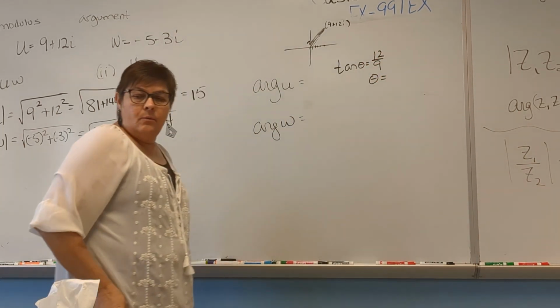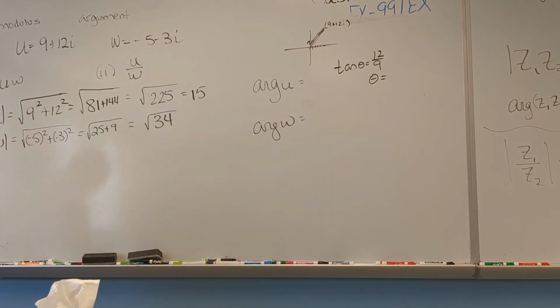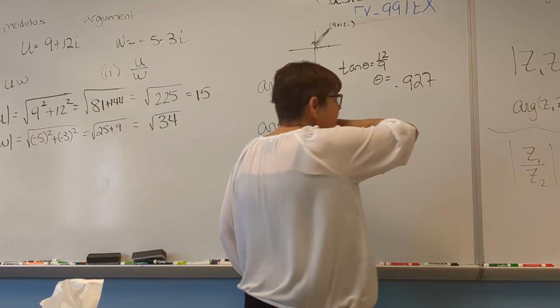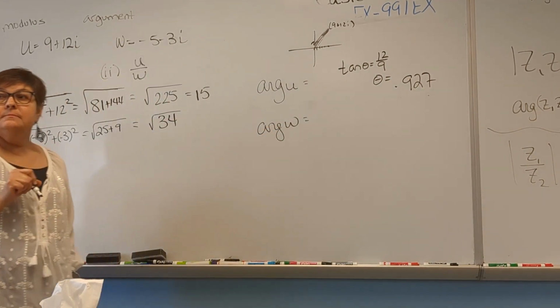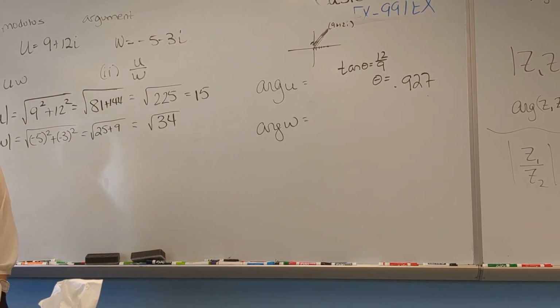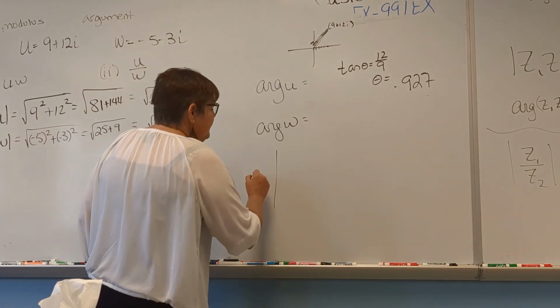Okay, once you go ahead and find that for me, see what you get. 0.927. Are we cool? Okay, and I'd like you to go ahead and find the argument for W as well. Let's remind ourselves from yesterday.